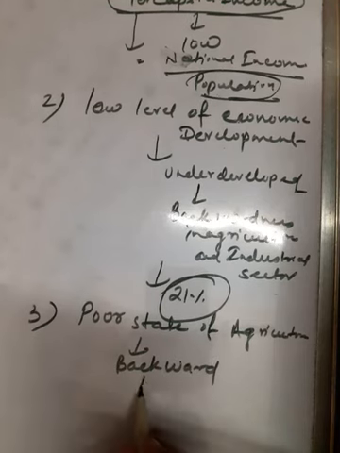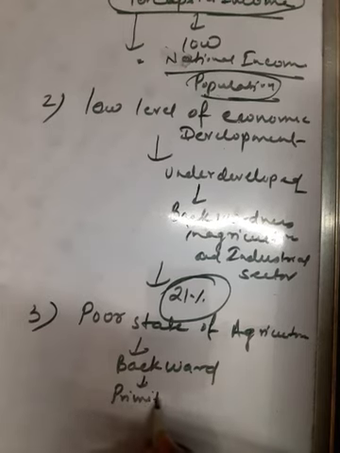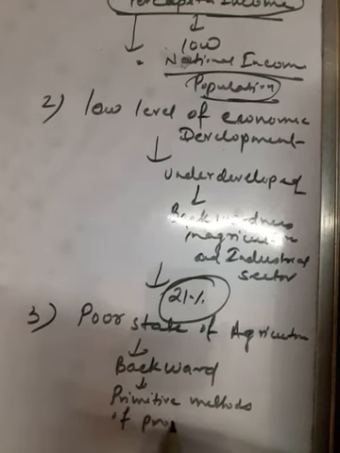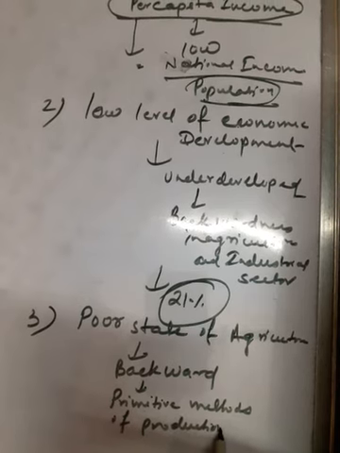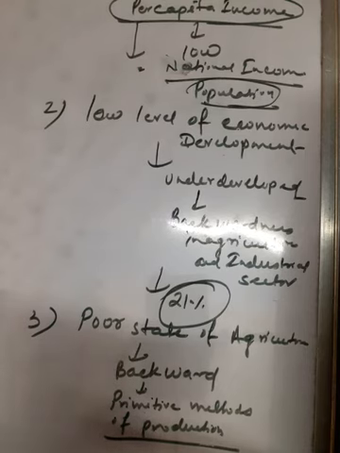Why is agriculture in India backward? Because of primitive, meaning traditional, methods of production or farming, and another reason is fragmented small landholdings.